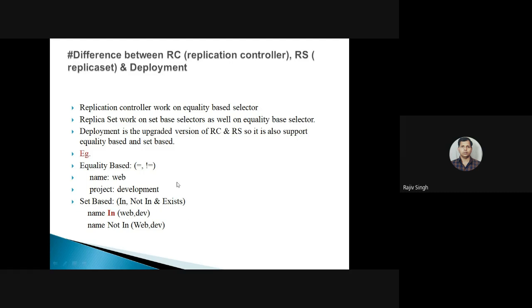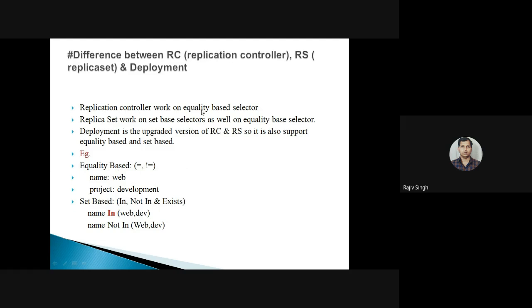If we have multiple labels and want to perform a particular task on a particular labeled pod, then you can choose the set based label. If you want to perform the task on only a single label, then you can use the equality based. So set based is the advanced version of the equality based.